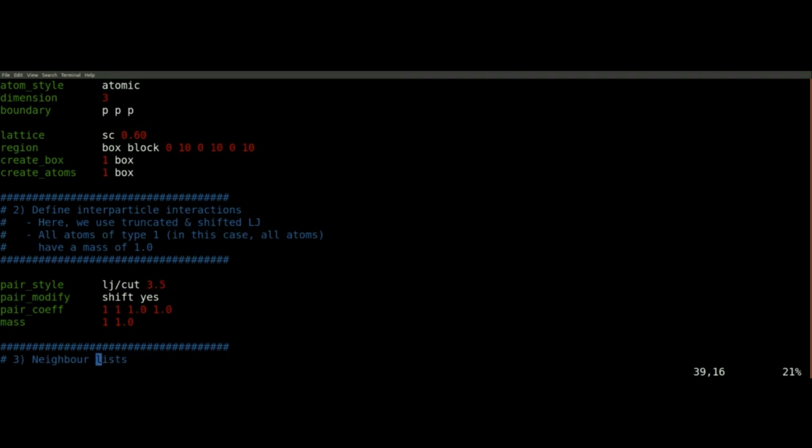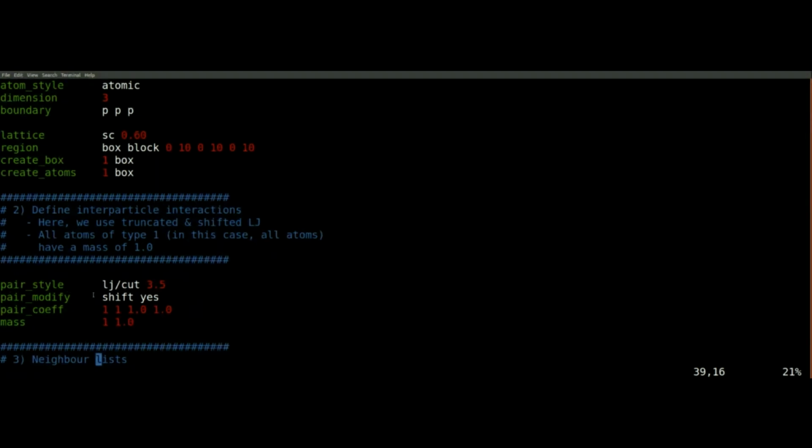You've got some discrete element method pair styles, granular pair styles, spring styles, loads of things. And one of the really interesting ones in LAMMPS is a pair style called hybrid, which lets you merge multiple pair styles into one.